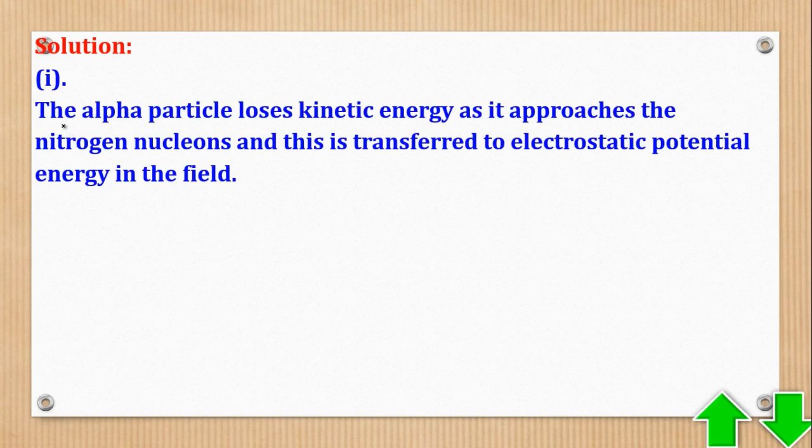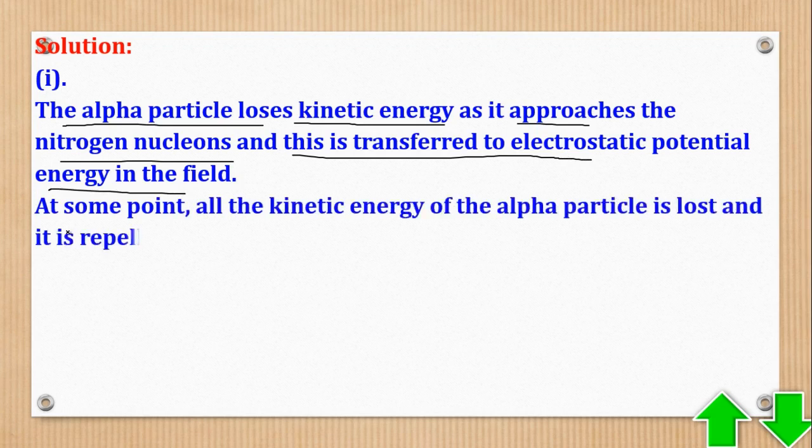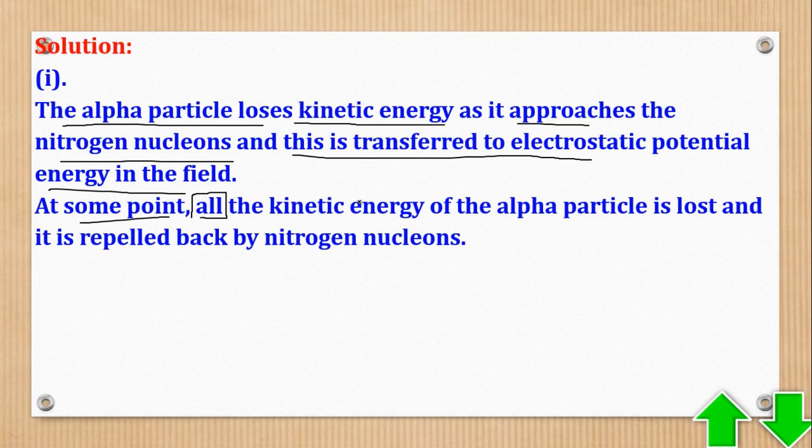So Roman 1, we shall say that the alpha particle loses kinetic energy as it approaches the nitrogen nucleus. I think we already saw that. And this is transferred to electrostatic potential energy. Therefore, at some point, all the kinetic energy of the alpha particle is lost and it is repelled back by the nitrogen nucleus.